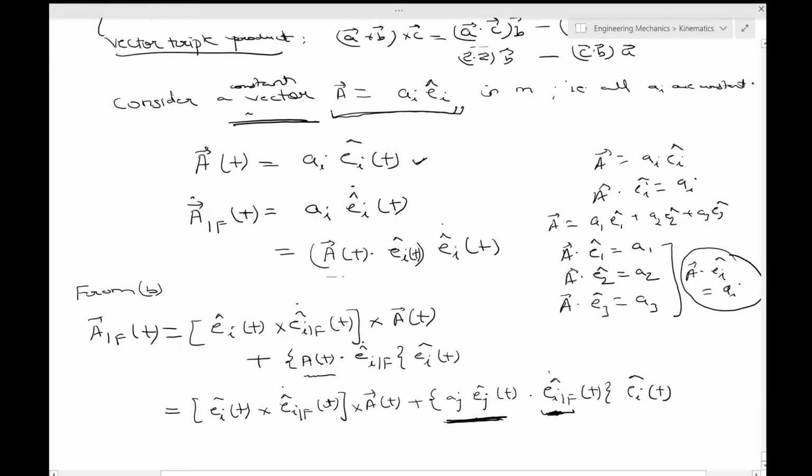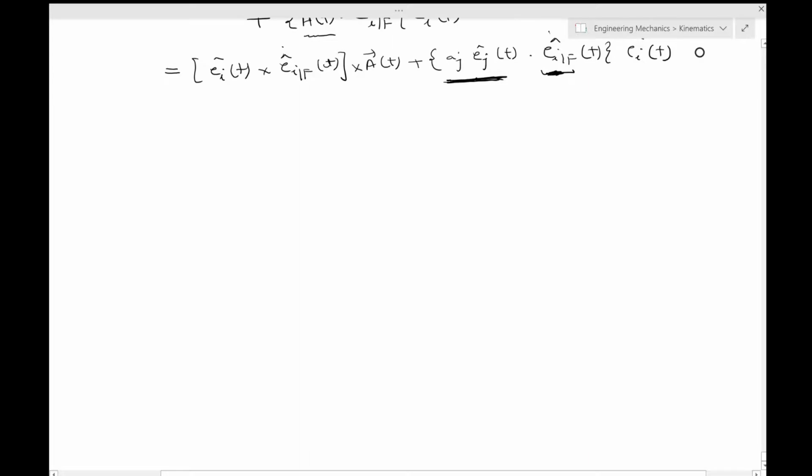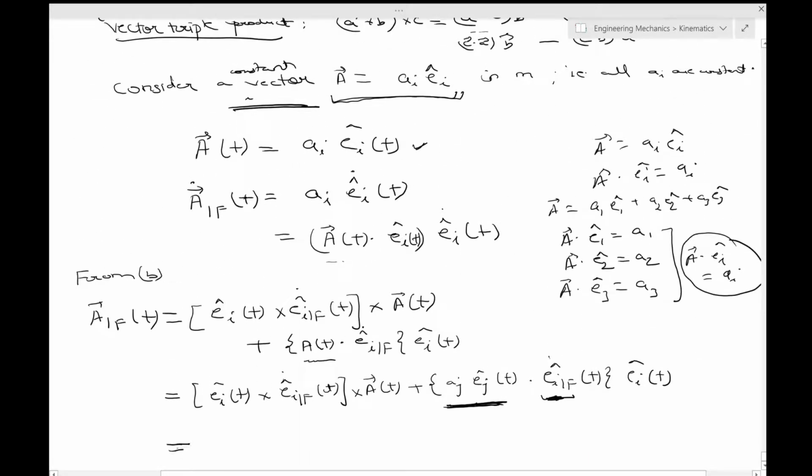Okay, so once this is sorted out, we can write this as e_i of t plus e_i of t cross A of t minus, okay, so a_j, let me just remove the j because a_j is a scalar, okay, so I'll be looking at this dot product.